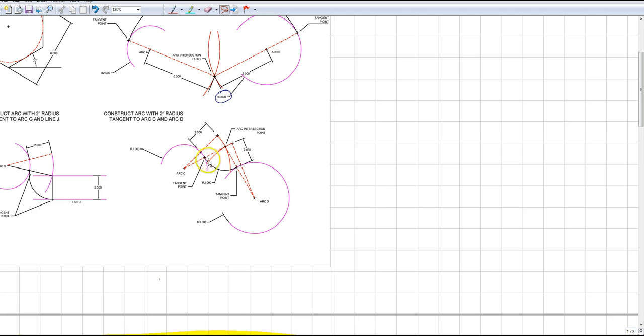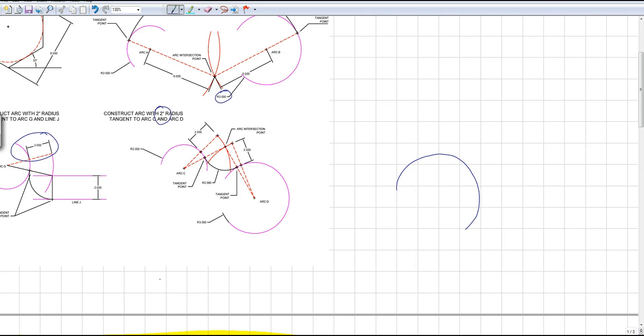So this is what I have to try to achieve. The centers of these circles or these arcs are off as well. In this case, they are straight. So let's draw this arc, which is arc C. I'm going to use another pen and put an arc, which is arc C, right here.